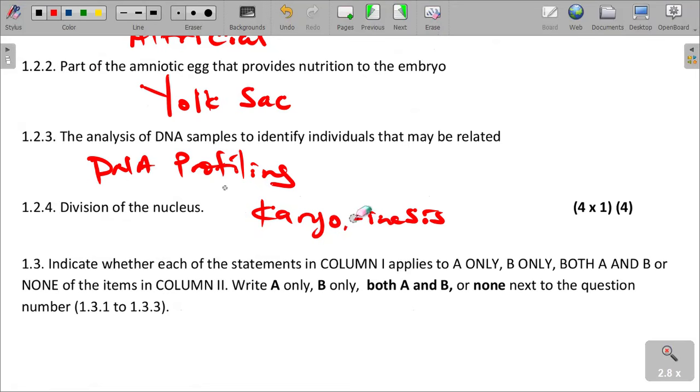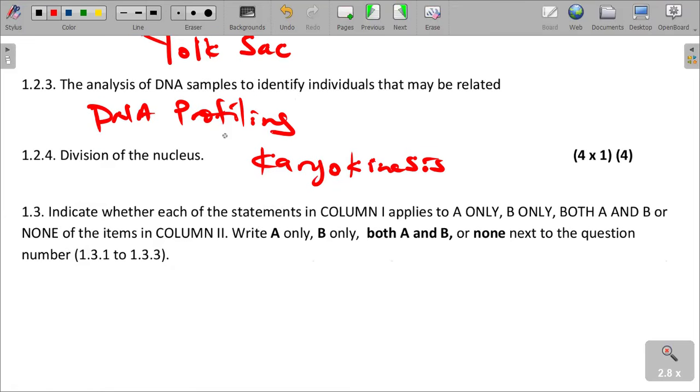Karyokinesis is the division of the nucleus. We have to indicate whether it applies to A, B, both or none.